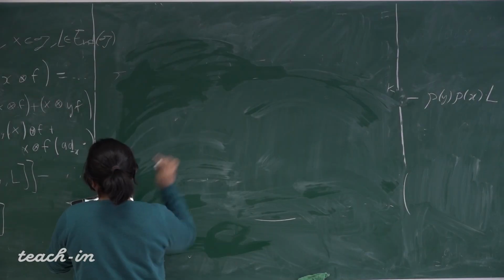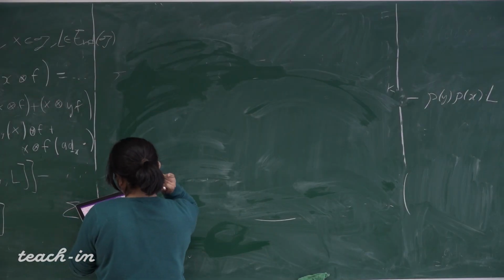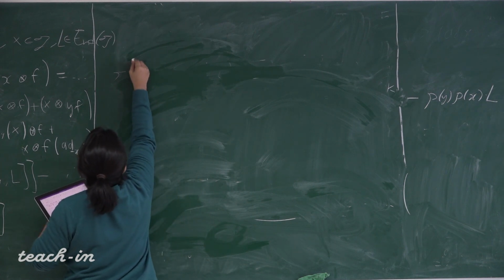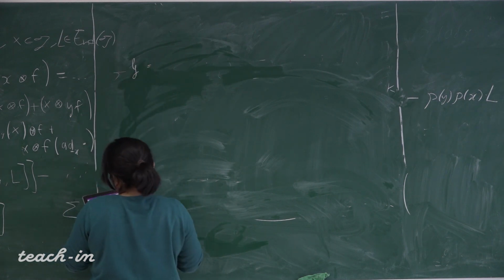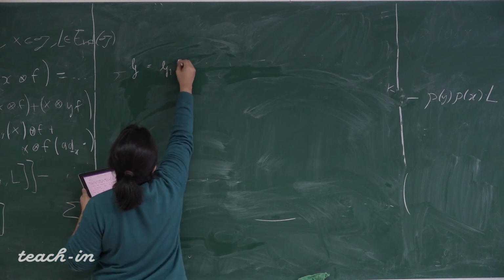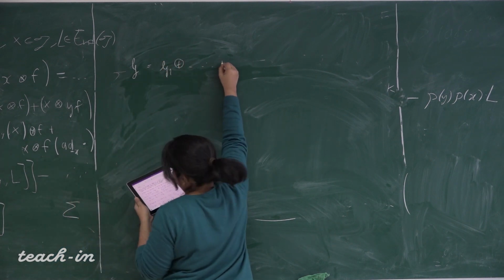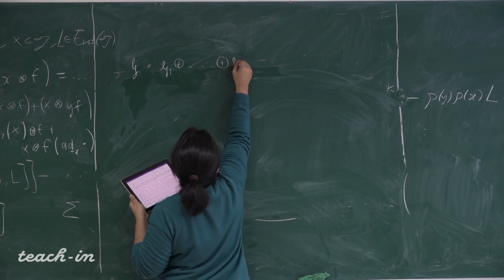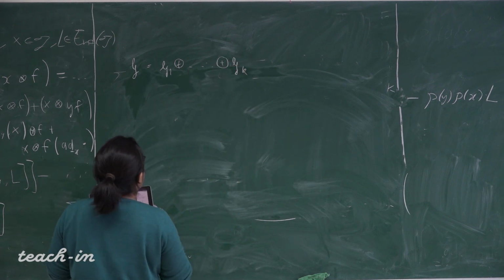Yeah, the question is that we already know that if G is a semisimple Lie algebra, it can be written as, let's say, G1 to GK. These are simple Lie algebras.